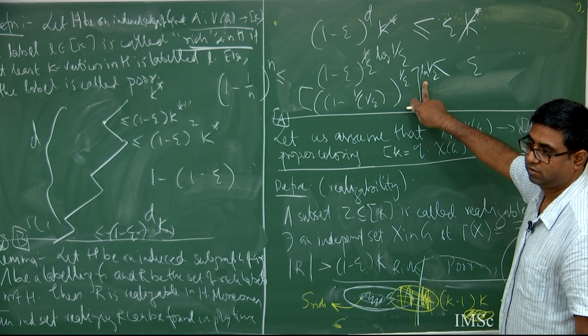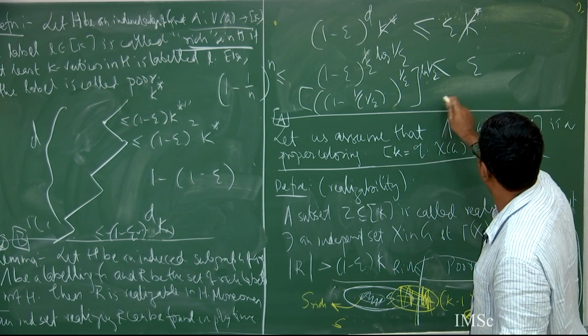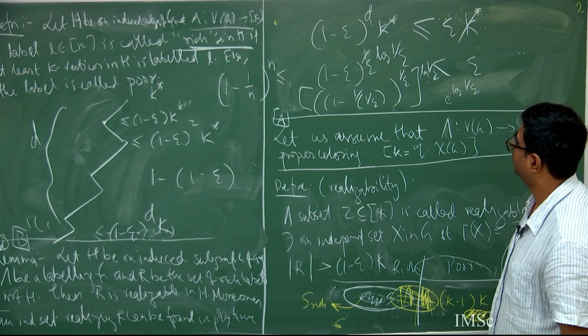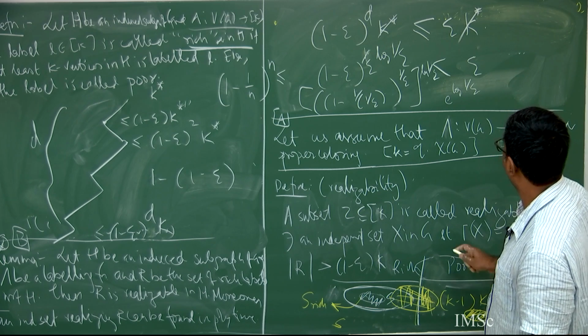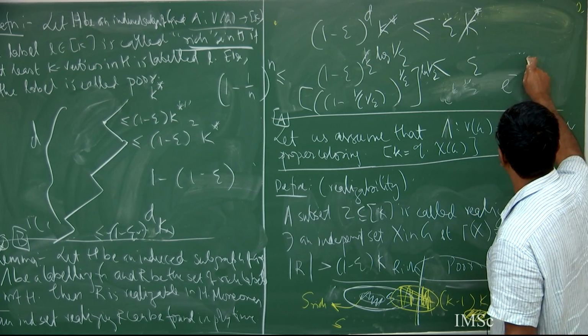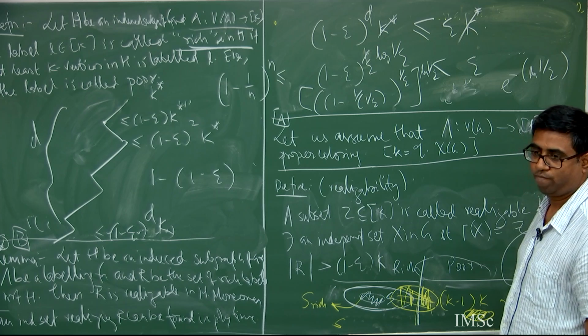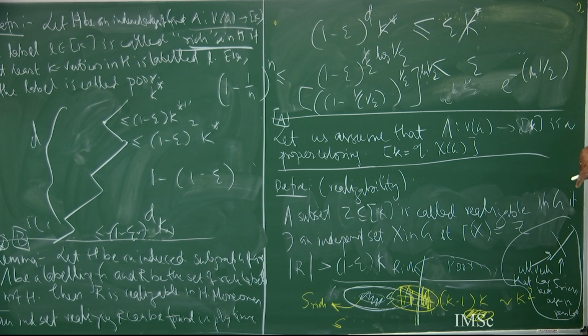So this is roughly e power minus log 1 over epsilon. So what is this? It is nothing but e power log epsilon, which is basically epsilon. Of course, you have to choose constants. So this is fine.